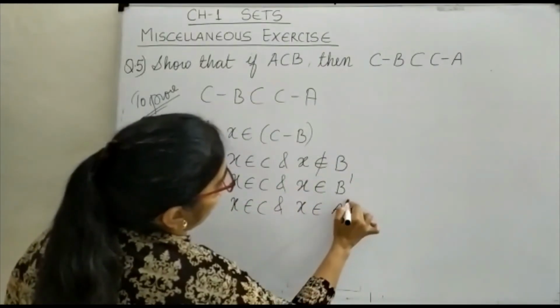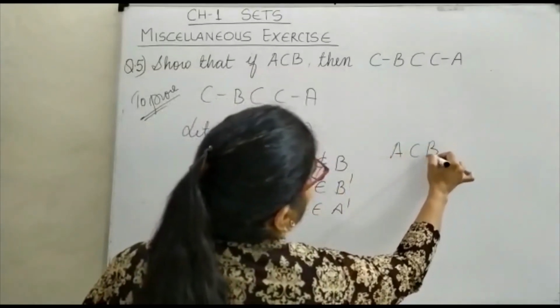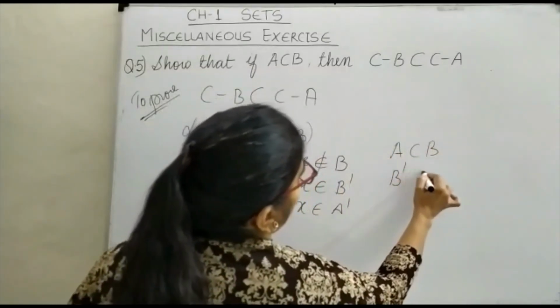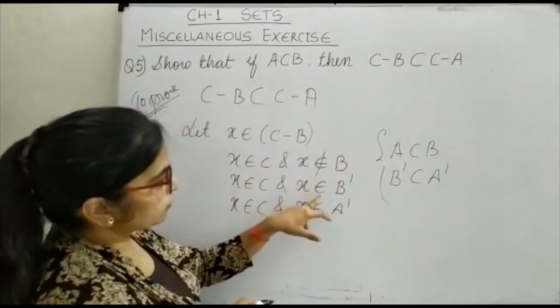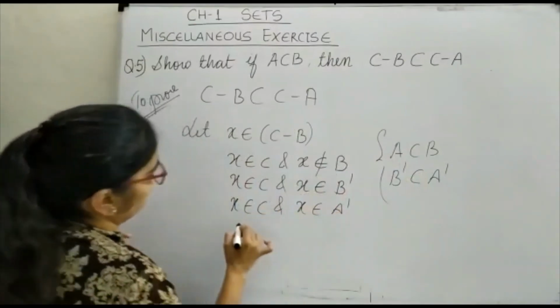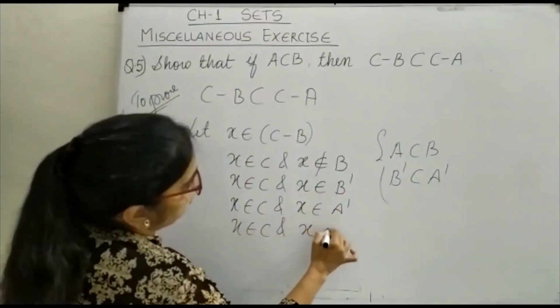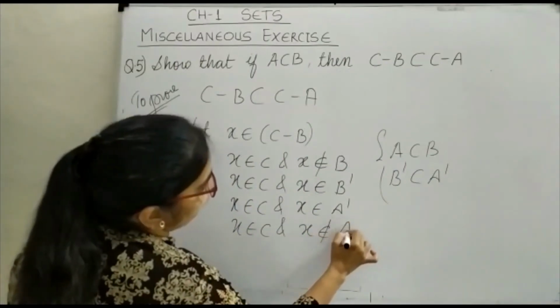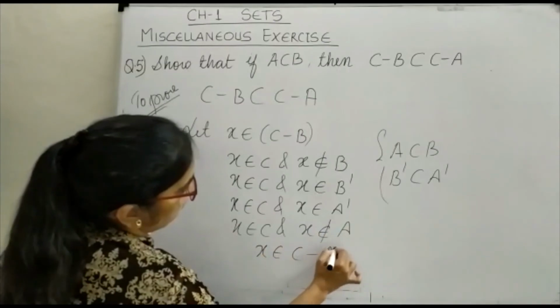Just understand here, it's given that A is a subset of B. From here we have B complement is a subset of A complement. If x belongs to B complement, that means x will also belong to A complement. Next, x belongs to C and x does not belong to A. That means x belongs to C minus A.